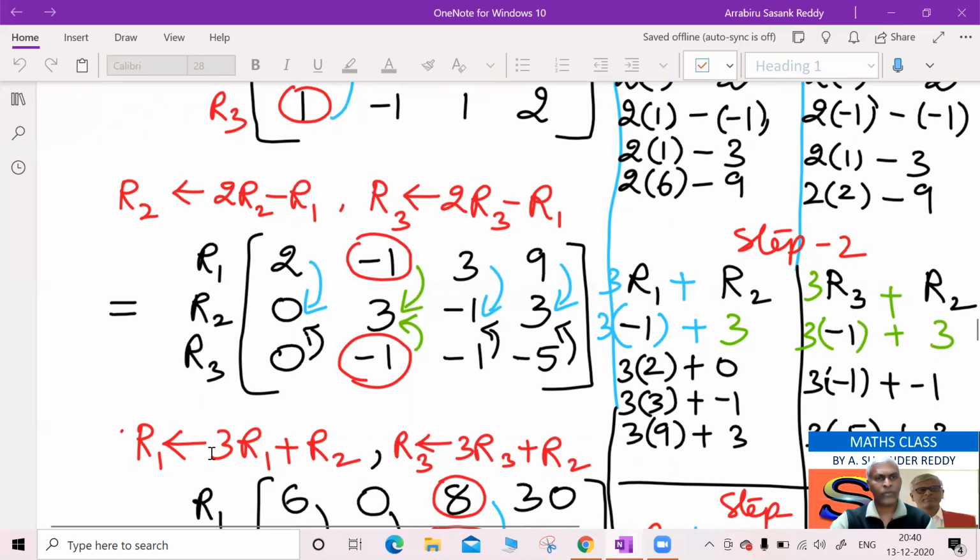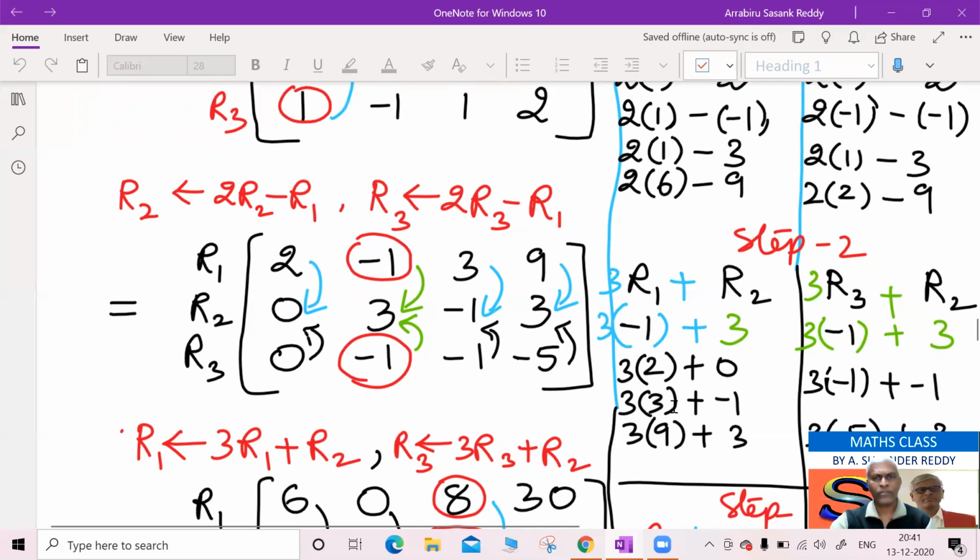So the first row is changing with 3R1 plus R2, and -1 becomes 0. Applying the same formula for 2 and 0: R1 place you take 2, 3 into 2, 6, plus R2's 0, 6 plus 0, 6. And 3 and -1, substitute in this formula, R1 as 3, R2 as -1.